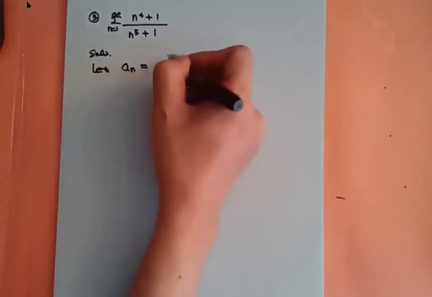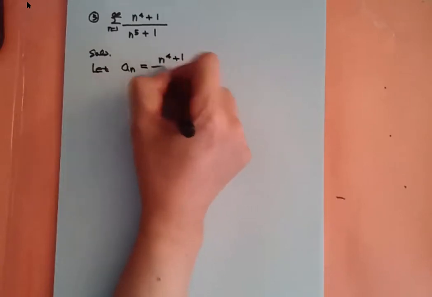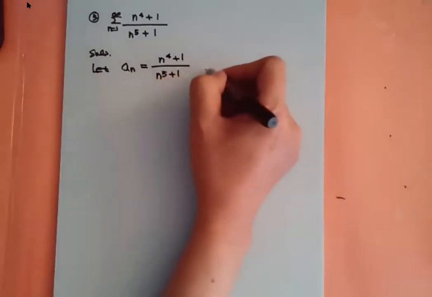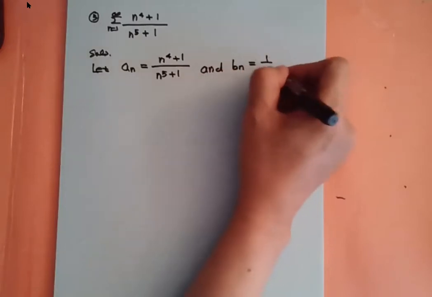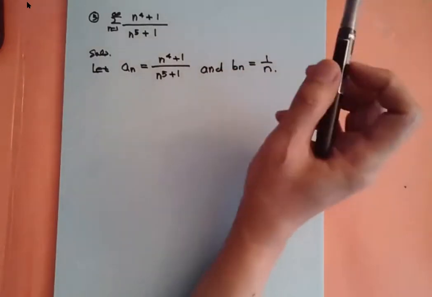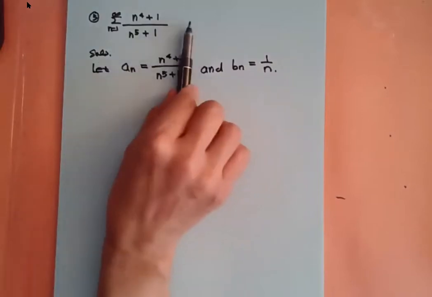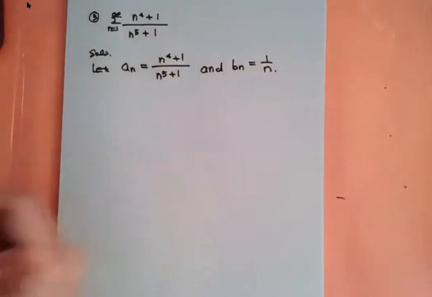So the given sequence an is n to the 4th power plus 1 over n to the 5th power plus 1. And the other sequence is 1 over n. So when we think about the limit, we just forget this part and simplify, and then we get 1 over n, right?